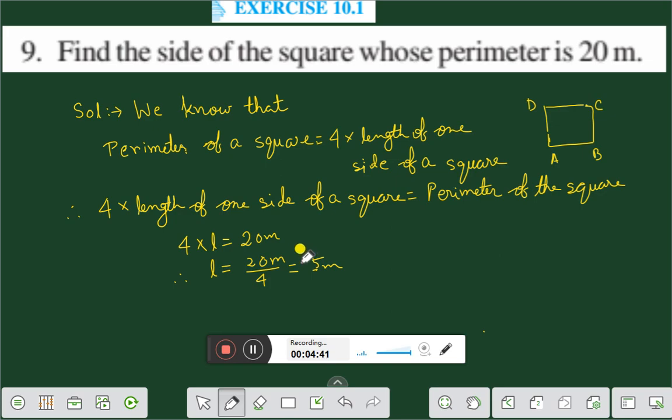Therefore length of one side of the square is 5 meter. Therefore side of the square is equal to 5 meter.